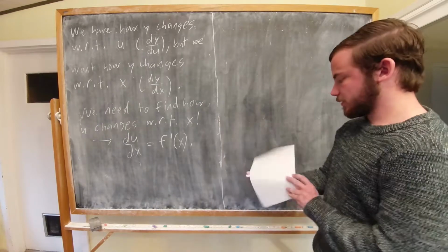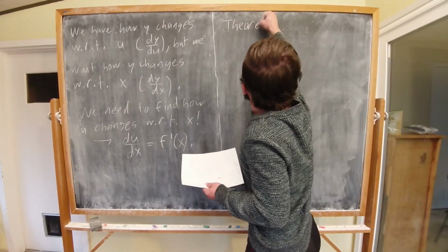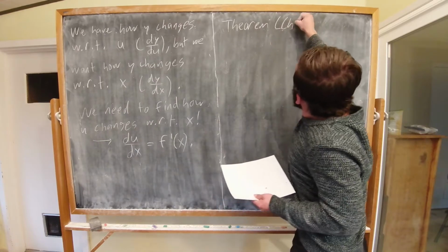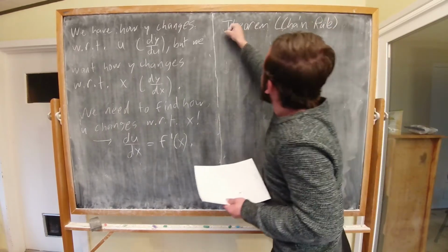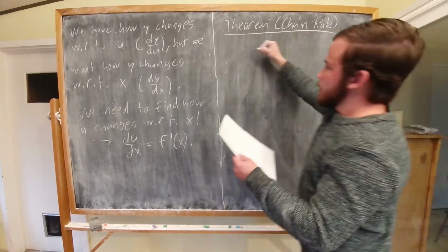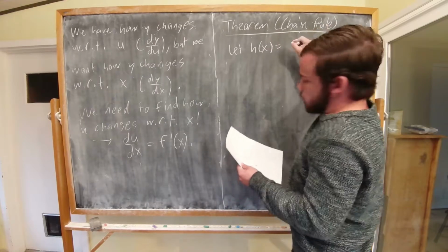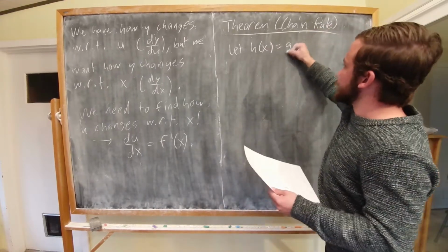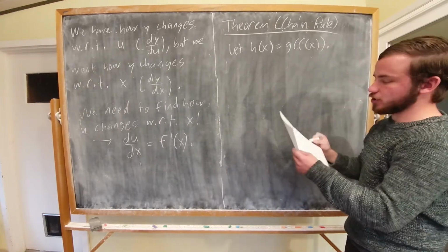Alright, so the chain rule. At long last, let's let h of x equal g of f of x, composition of g with f.